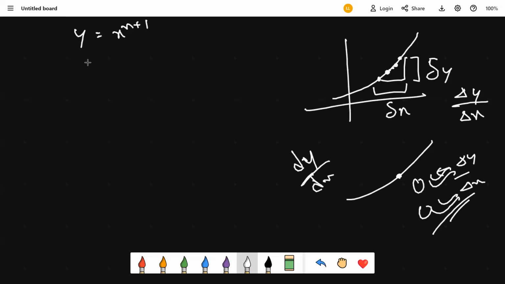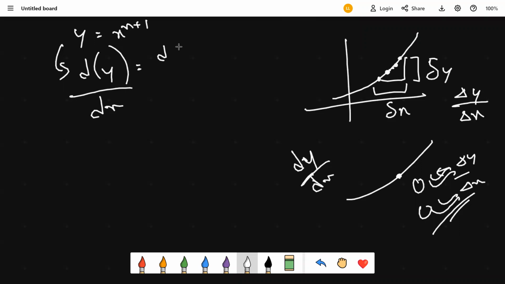So that means we can simply say, differentiating both the sides with respect to x.